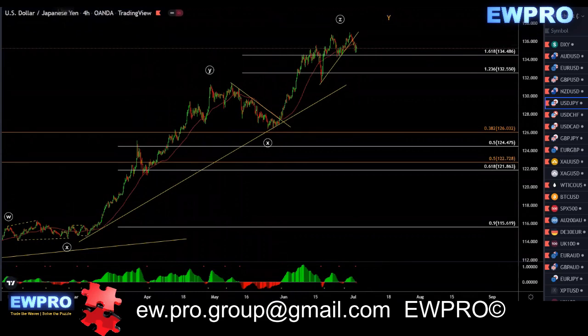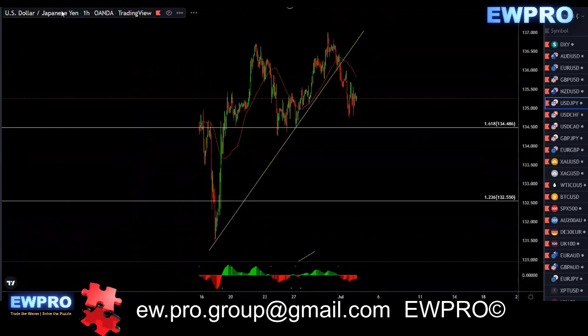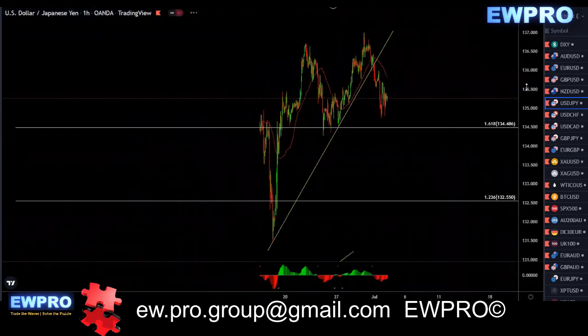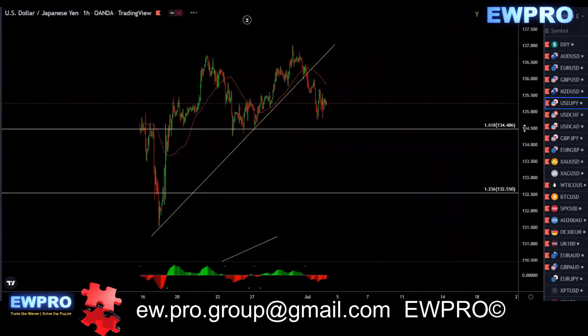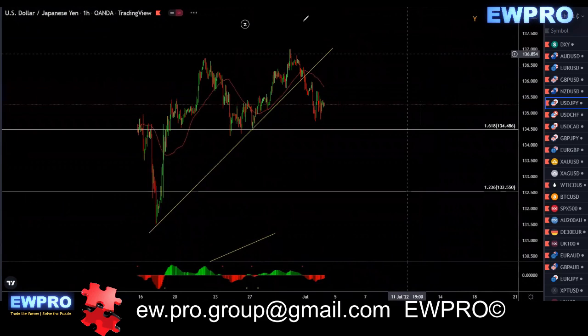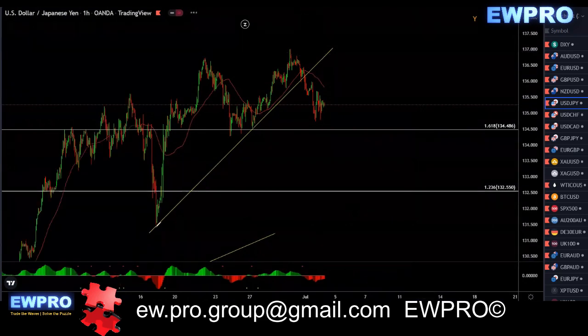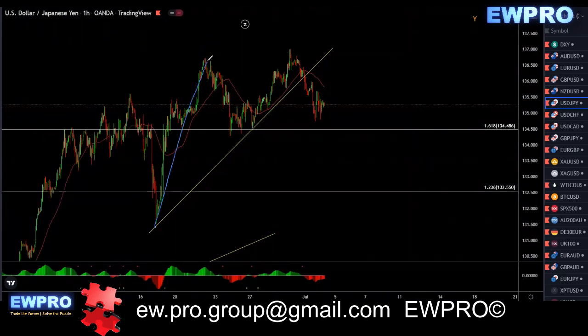If we go down to the H1, we can see we got this big move up in here, and we got 3 up, so that gave us that bearish divergence. Then we're looking at A, B, C, so we are looking for a little bit more downside.